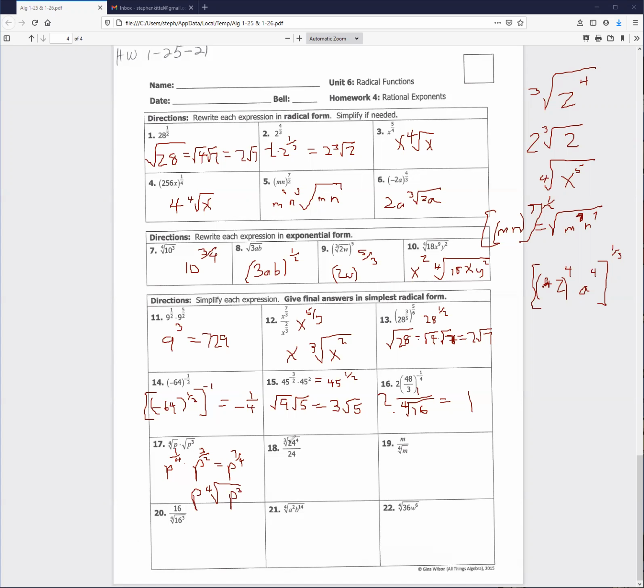All right, let's rewrite this before we start messing with it. This is 24 to the 4/3 divided by 24. Okay, this loose number 24, what's the exponent on it? Think about that for a second, because we're going to do some exponent properties. Let's remember that 24 is the same thing as 24 to the 1st.